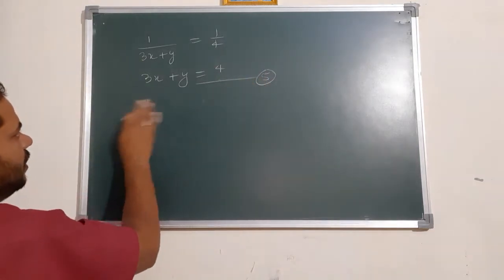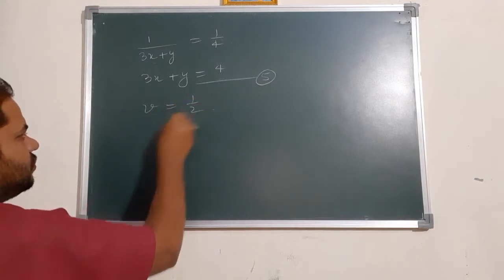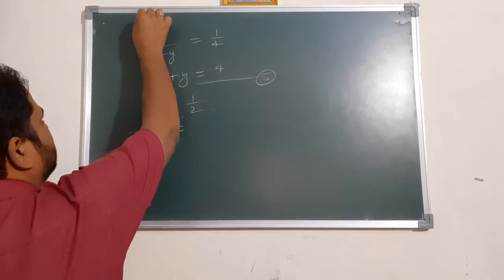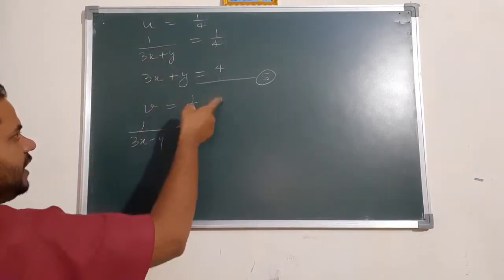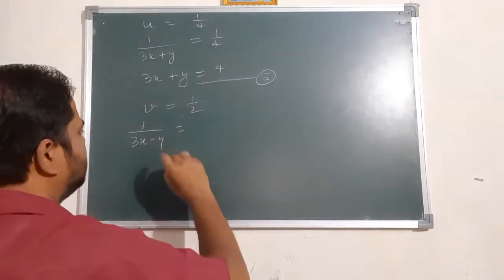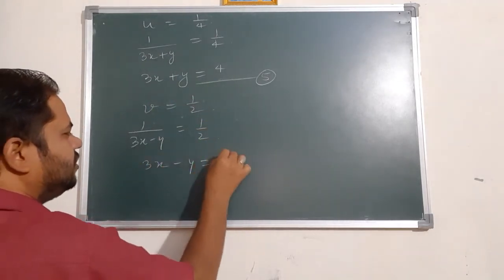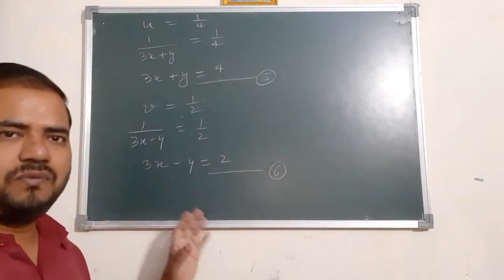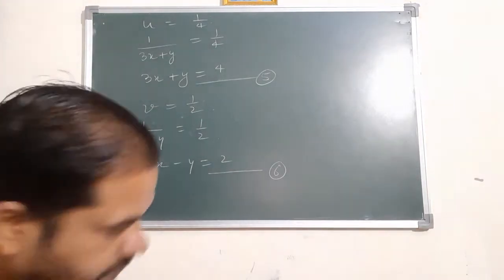And v is 1 upon 3x minus y, this is 1 by 2. So after replacing the values of u and v, we get 3x plus y is equal to 4, and simply 3x minus y is equal to 2, equation number 6. And if you solve 5 and 6, you will get the values of x and y.